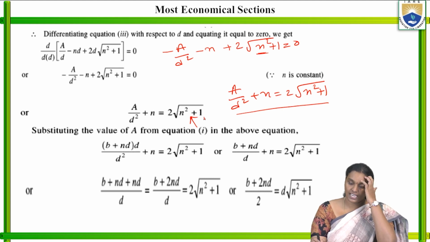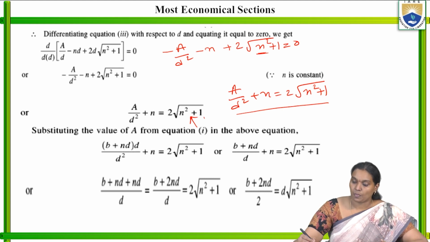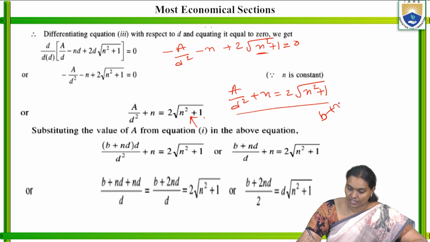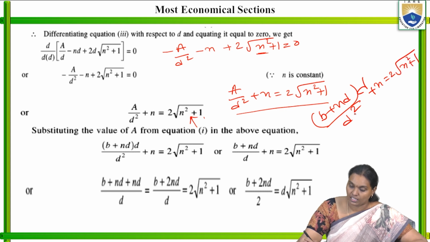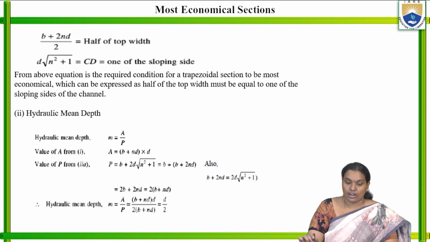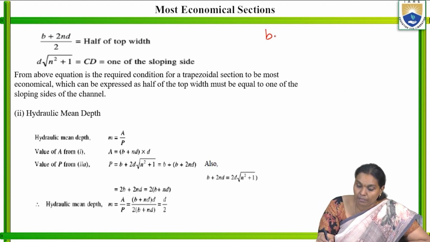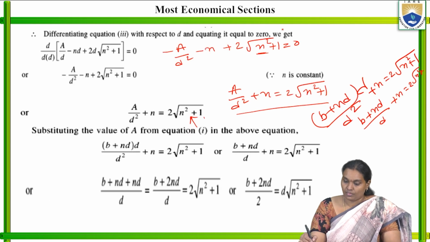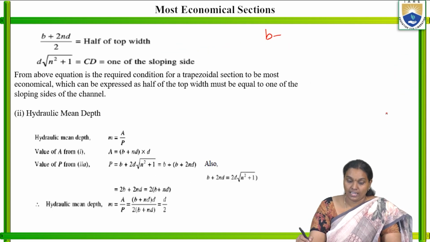So finally what we will get? B plus nD into D by D square plus n is equal to 2 root n square plus 1, which equals B plus nD by D plus n, equal to 2 root n square plus 1.